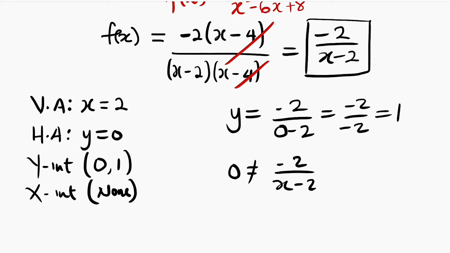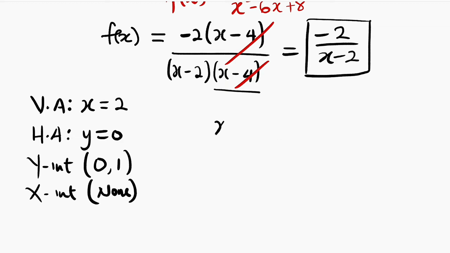All right, remember I told you that this curve contains a hole. And how can we determine the hole? We can determine the hole by setting x minus 4 equal to 0. Remember, we have cancelled x minus 4. Once you set it equal to 0, you will obtain the coordinate of x at that point. So if x minus 4 equal to 0, this implies that x is equal to 4. So if x is equal to 4, what is the corresponding value of y at that point?